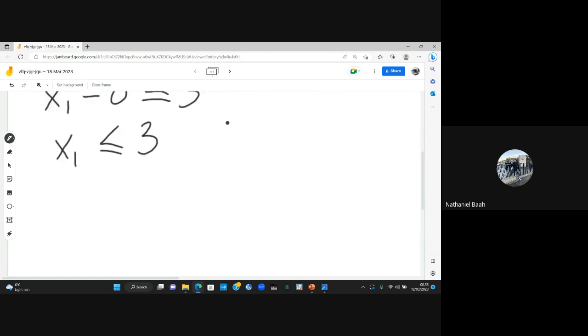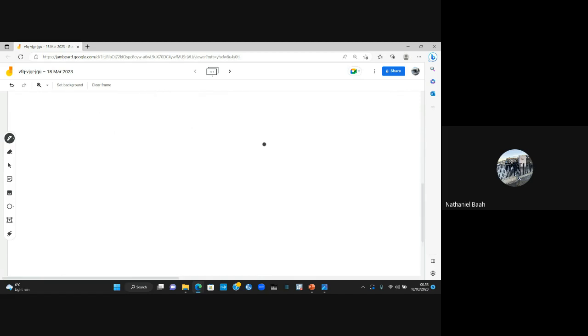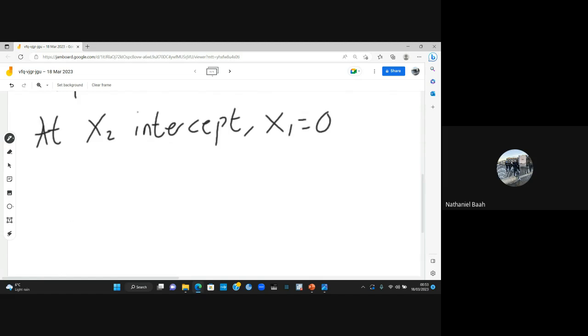So from the same equation 1, now let's look at x2 intercept. So let's say at x2 intercept, x1 should be equal to 0 from our same equation 1.